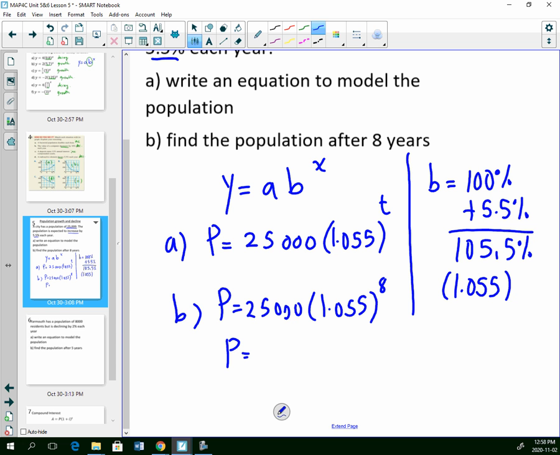So we'll do to the power 8 first, and then we'll multiply that by 25,000. And I'm probably going to round to the nearest whole number because it is the number of people, and I can't really have a decimal of a person. Okay, so that's a typical exponential question with population.